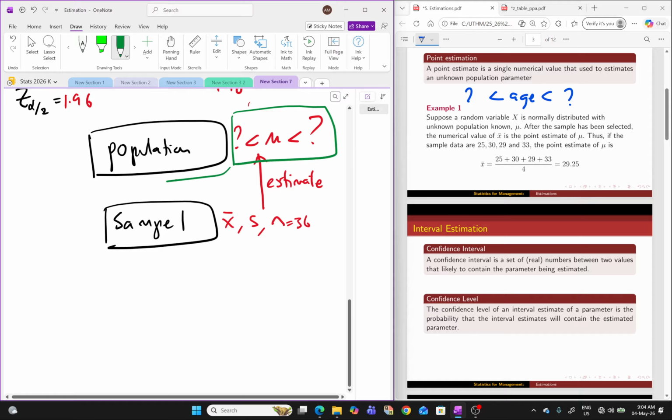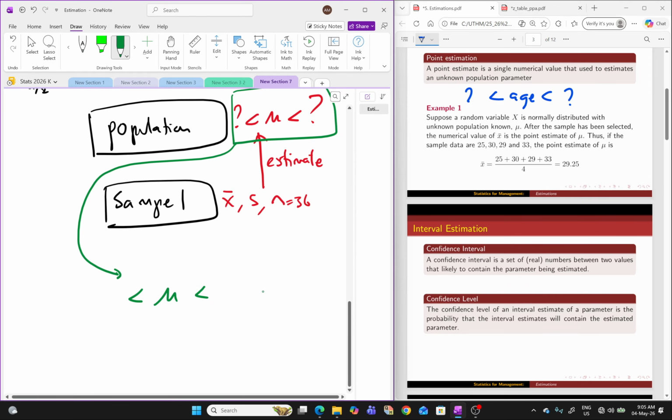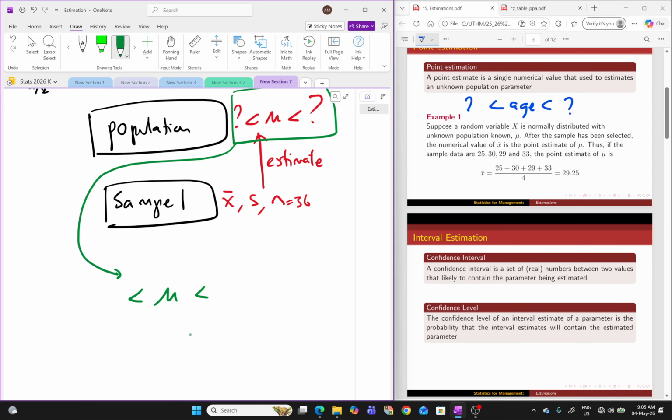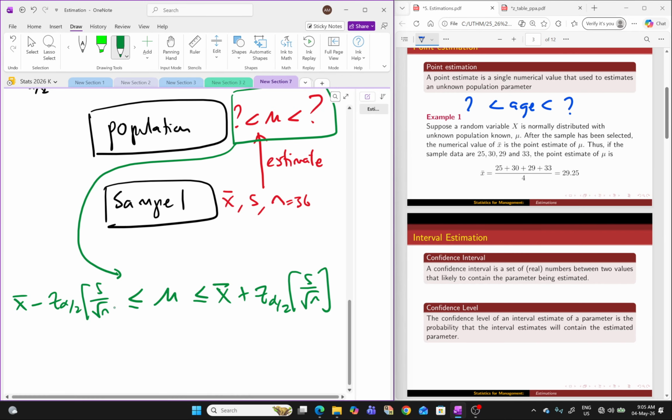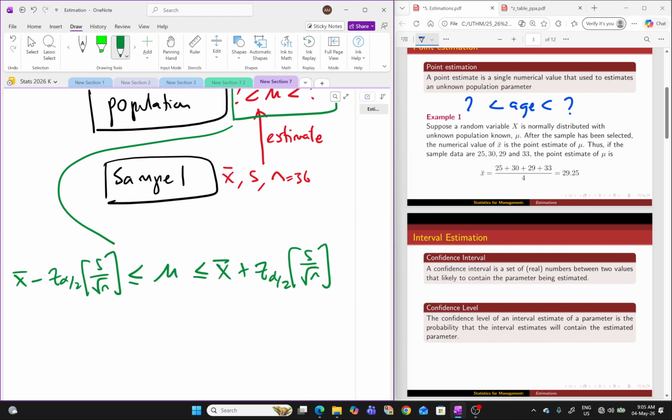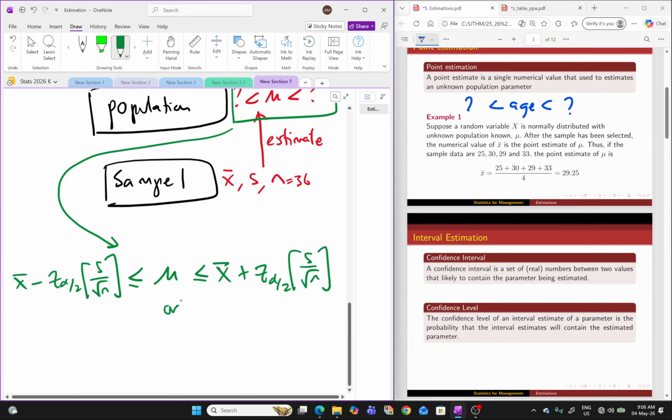Yang ini dia punya formula adalah, this is the formula, or simply, or, salin yang ini dulu, salin yang ini.